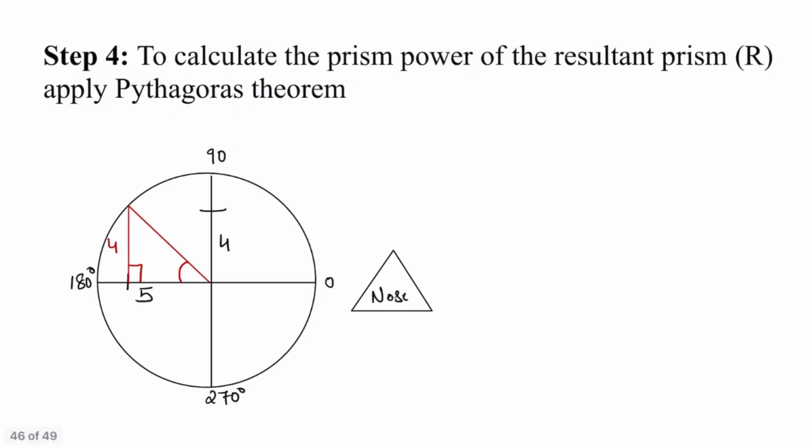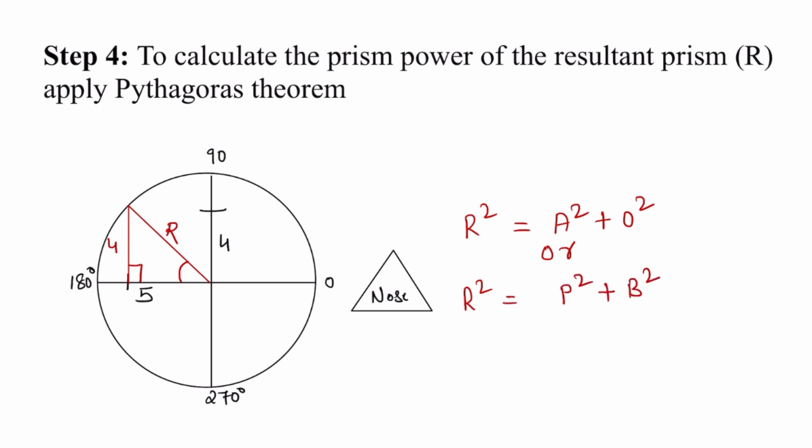So the next step is we need to calculate this side, which will be the resultant power of prism. To calculate the resultant power of prism, we have to apply the Pythagoras theorem, which says r square is equal to adjacent square plus opposite square, or written another way, r square is equal to perpendicular square plus base square.